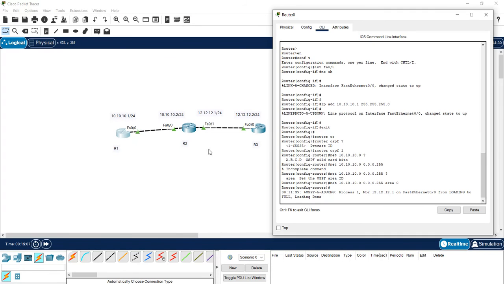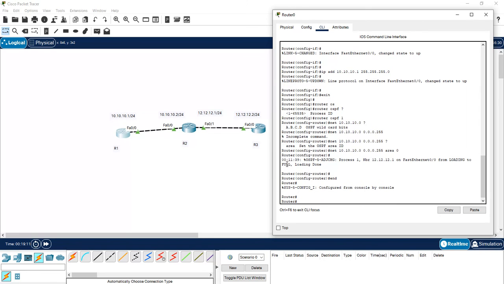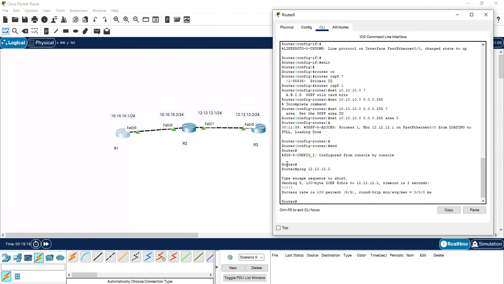So we can try to ping from router 1 to router 3. The ping is 12.12.12.2. Okay, we enter. The success rate is 100%, 5 out of 5. We see router 1 can connect with router 3 now, so it works.